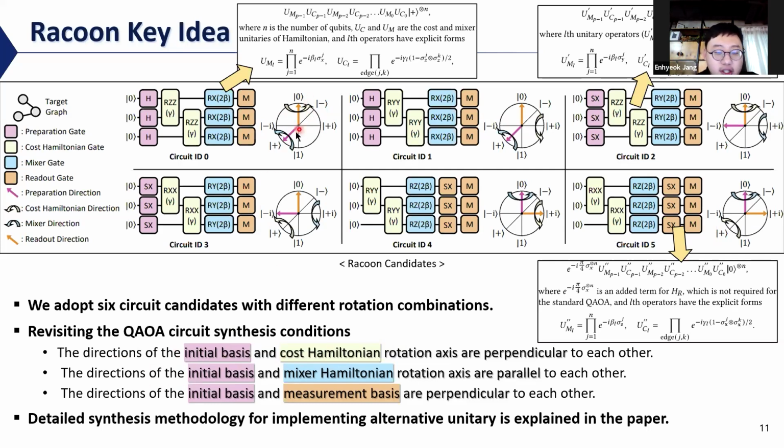The initial basis and the mixer Hamiltonian rotation axis, the sky blue one, should be parallel to each other. And the initial basis and the measurement basis, the orange arrow, should be perpendicular to each other. If the three rules are satisfied, we can train the same as with the original QAOA circuits.